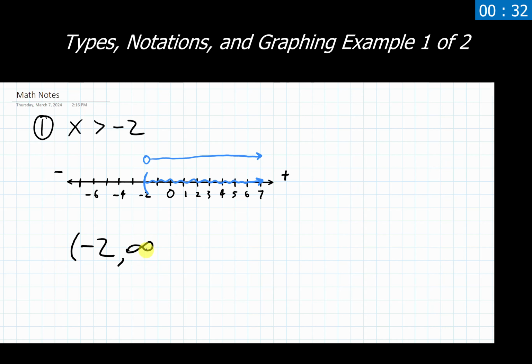The infinity, whether it's a positive or a negative, whether the inequality is greater than or equal to, it does not matter. Infinity always has parentheses around it, no exception to that. And from here, we have the inequality, x is greater than -2, written out on a number line we have here, and written in interval notation like we have here.